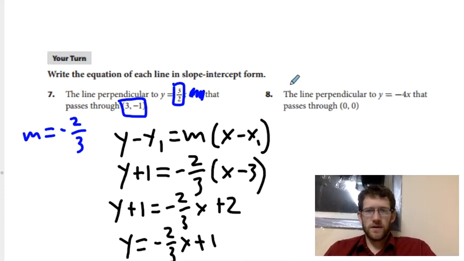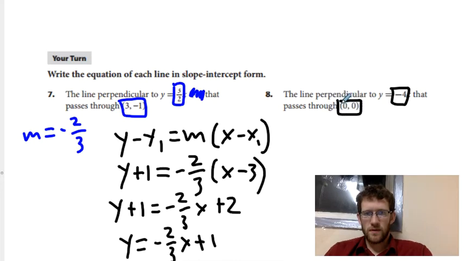Okay, I'll go ahead and do this one too. This one asks for a line perpendicular to y equals negative 4x. So again, this is my slope. This is my intercept, or the point that I go through. So what is the opposite reciprocal of negative 4? You can think of that as negative 4 over 1.